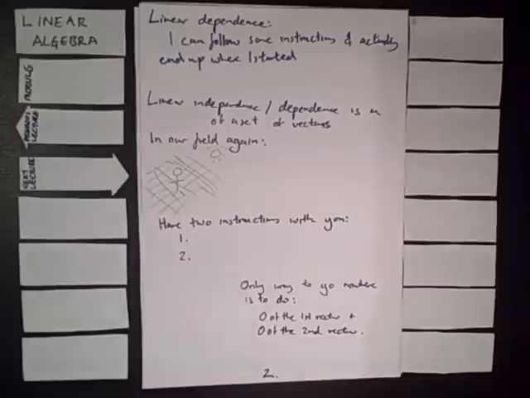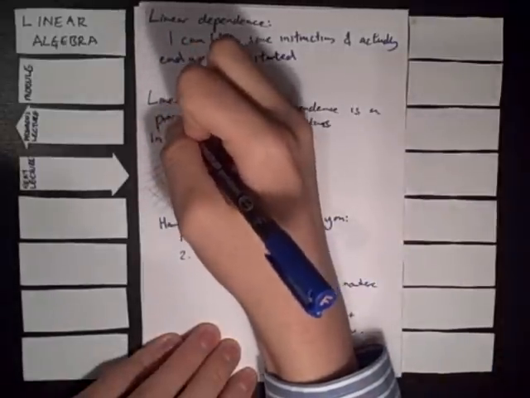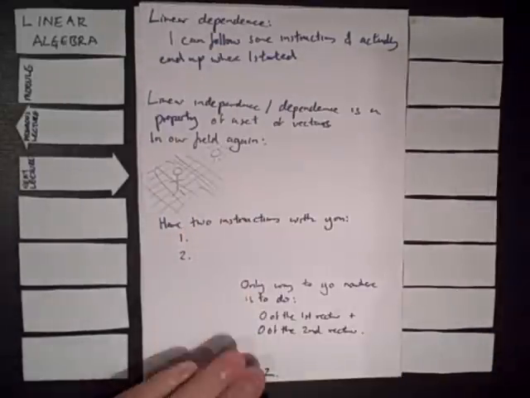I.e., I can follow some directions and go nowhere. Now, if we think about this carefully, we realize that linear dependence and independence is a property of a set of vectors.